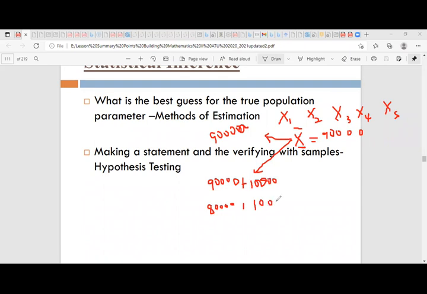Usually when you negotiate, you want to beat the price down. But whilst you are going to the garage, you know that it's likely the price might have shot up a bit. So you have an estimate within 80,000 to 100,000. Good, so that is under methods of estimation.